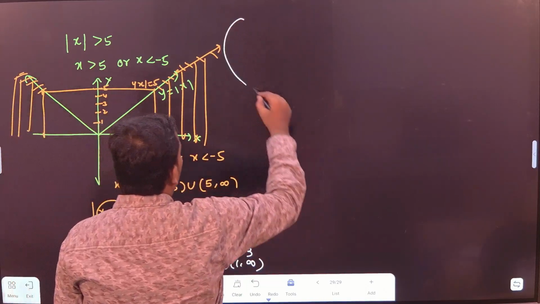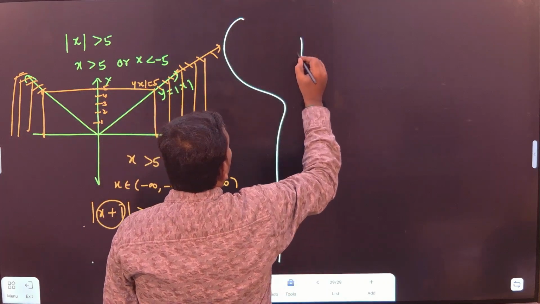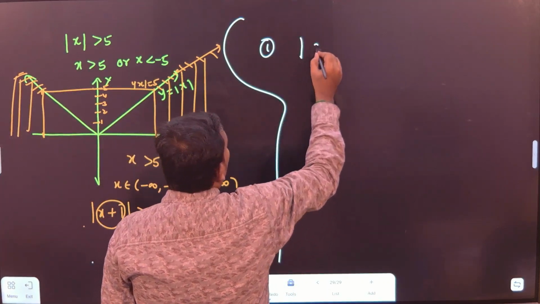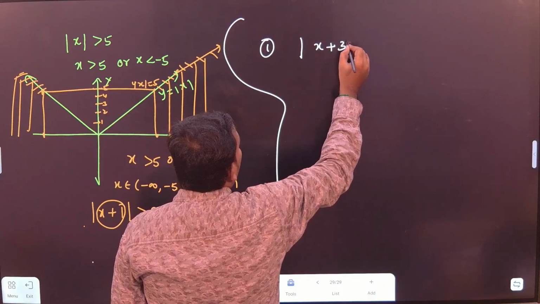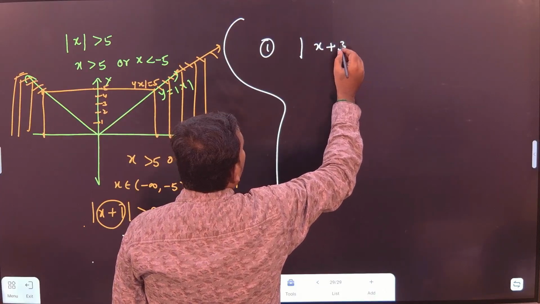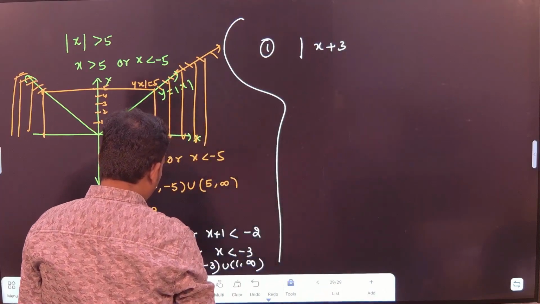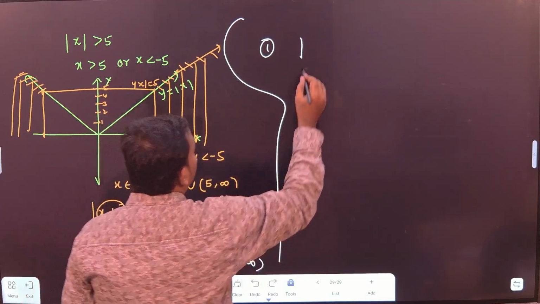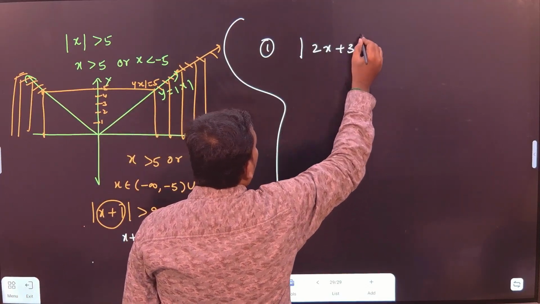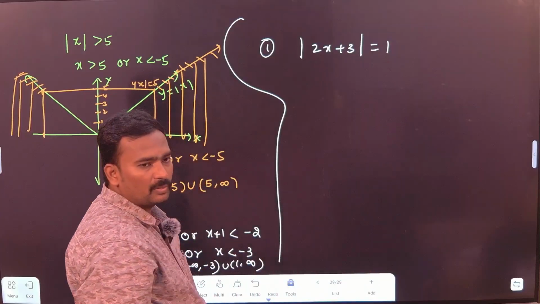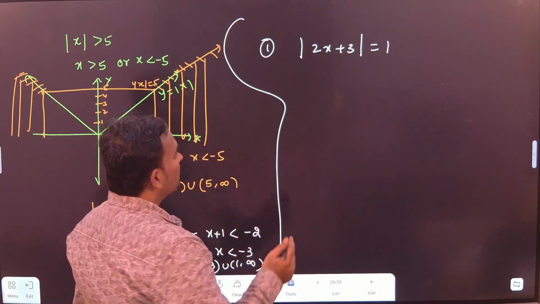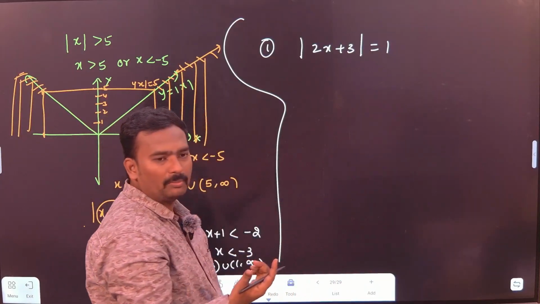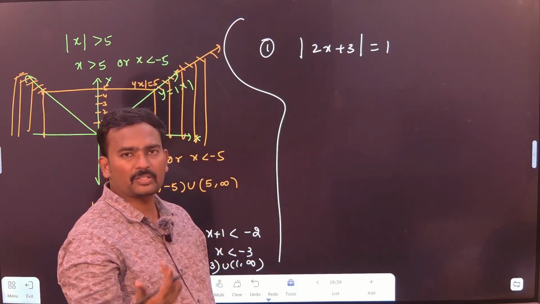Okay, let me start with a simple example. Let's take mod of 2x plus 3 is equal to 1. Then how to find the x value? Just you know that mod x equal to 1 means what? x should be plus or minus 1.